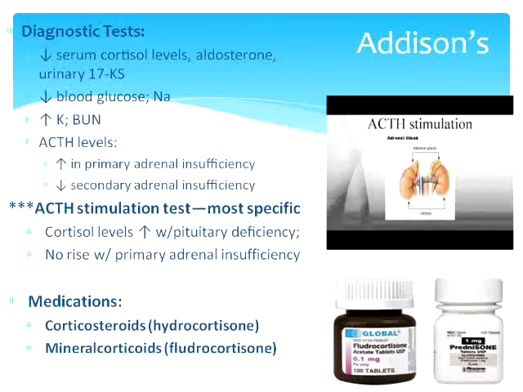Now the ACTH levels, just like the other one, are increased in primary adrenal insufficiency and decreased in secondary adrenal insufficiency. The ACTH stimulation test, you need to know, is the most specific for Addison. The most specific.